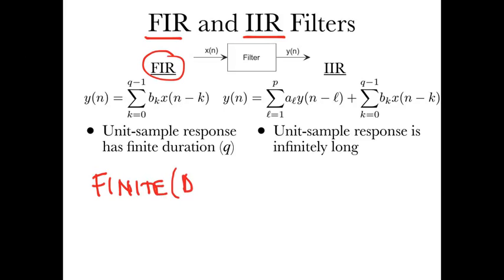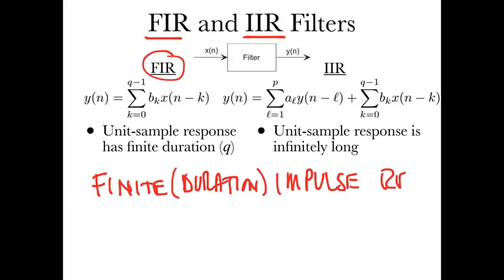There's a word missing in the acronym, duration, impulse response. That's what FIR stands for. And the impulse is another name for a unit sample. So to keep things short, this has been adopted since the beginning of digital signal processing.